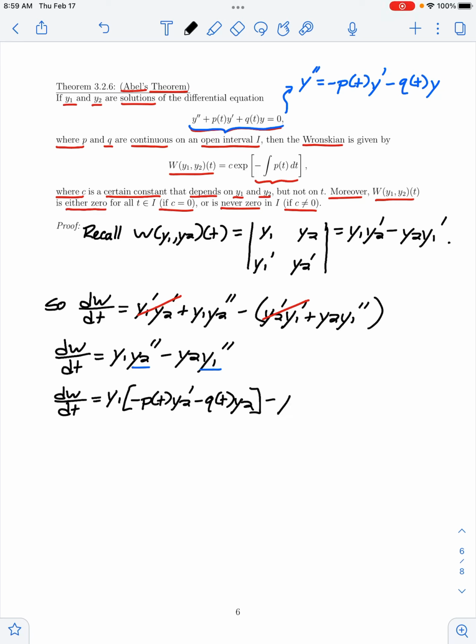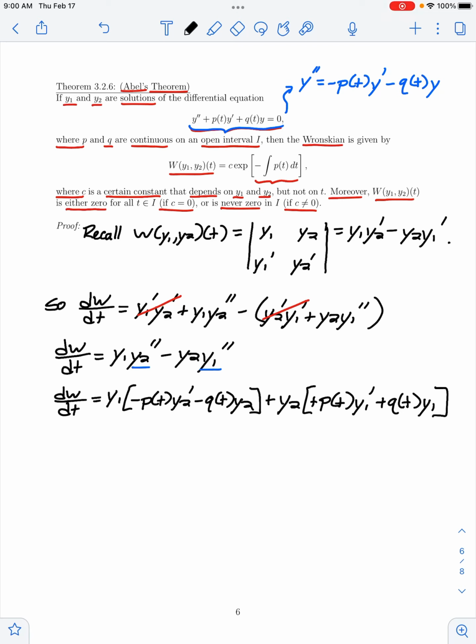And then we were subtracting y2 times y1 double prime, which is equal to negative p of t y1 prime minus q of t y1. And in this second term, since we were subtracting a negative value, we can make all these subtractions of negatives into addition of some positive term.